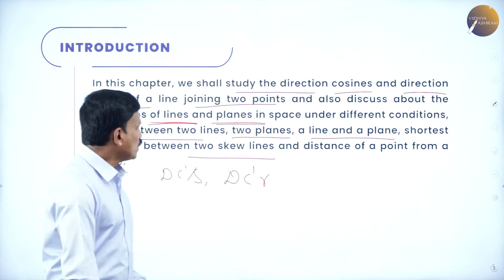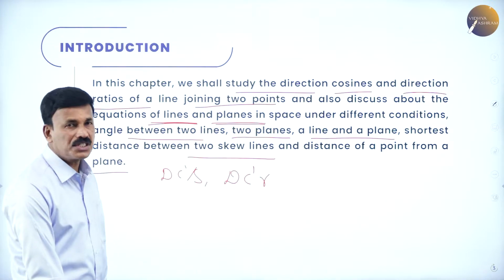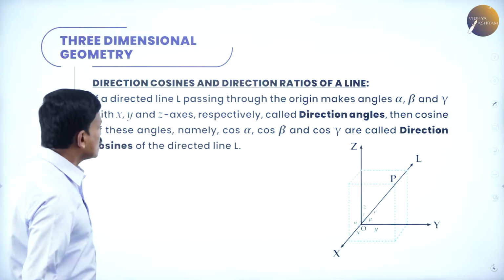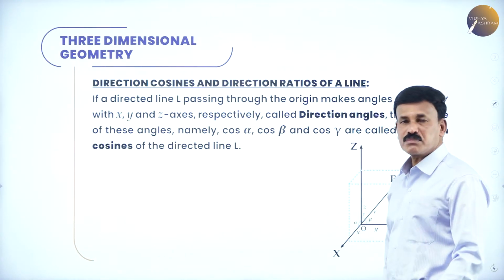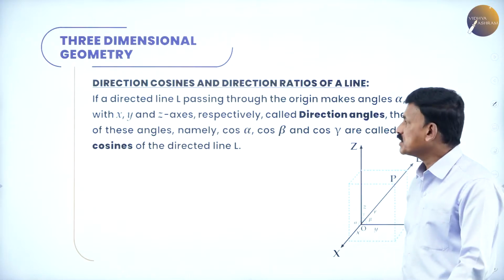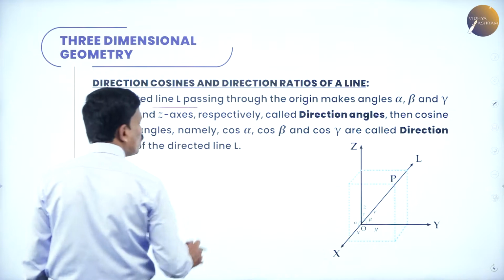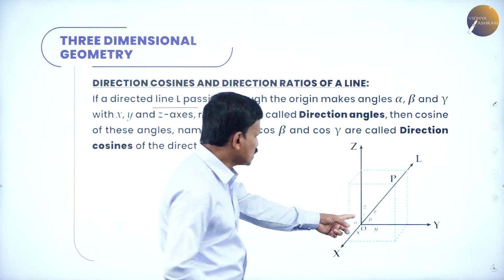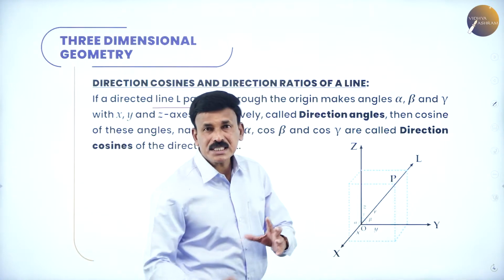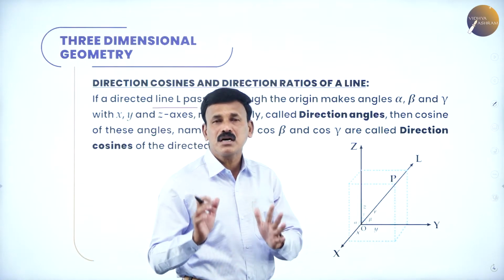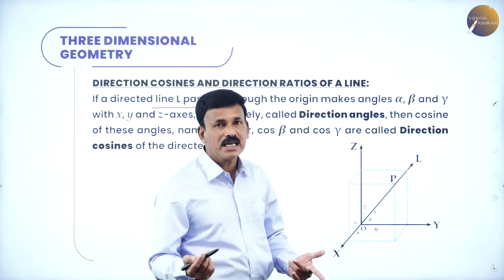Now let us discuss the direction cosines and the direction ratios. Let us know what is meant by a direction cosine and a direction ratio. Suppose a line L is passing through the origin and makes angles alpha, beta, gamma with the positive directions of the x-axis, y-axis and z-axis.